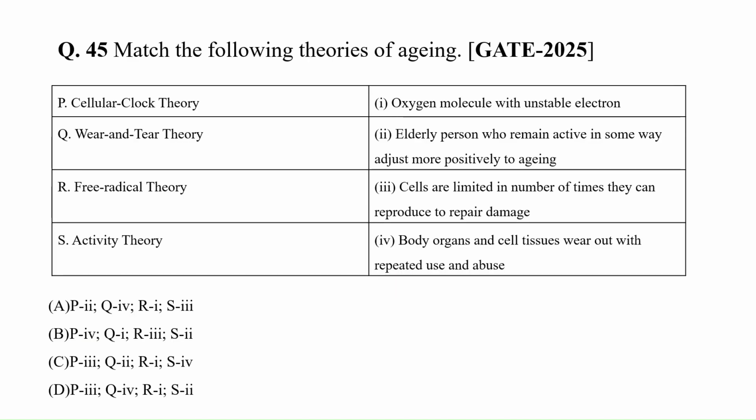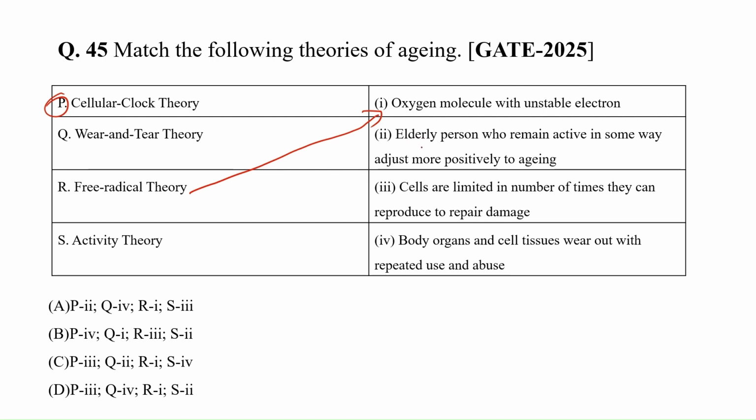So let's get back to the question and try to solve it. We have cellular clock theory. Let's read the options. Option one is oxygen molecules with unstable electron, which we discussed in free radical theory. Free radical theory was talking about oxygen molecules being unstable and damaging the cells.